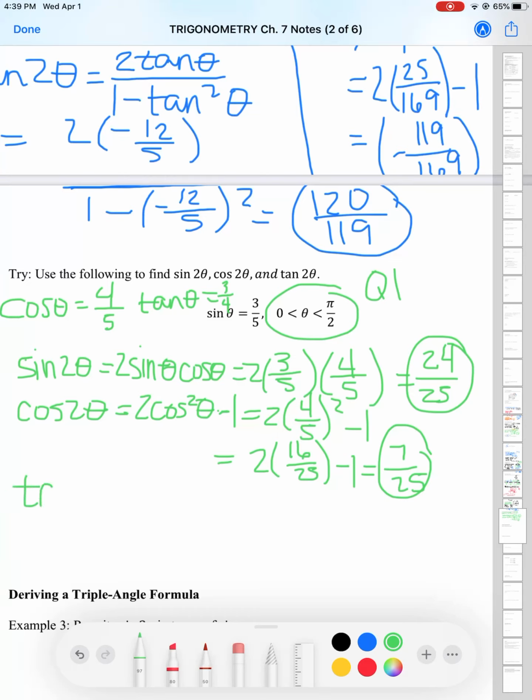And then tangent 2 theta, which is going to be your algebraically hardest one because it's a fraction. Remember, reference these in your notes.